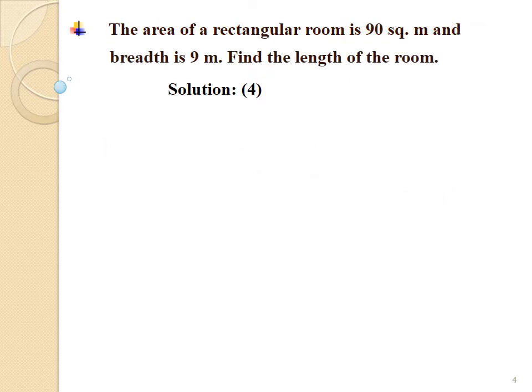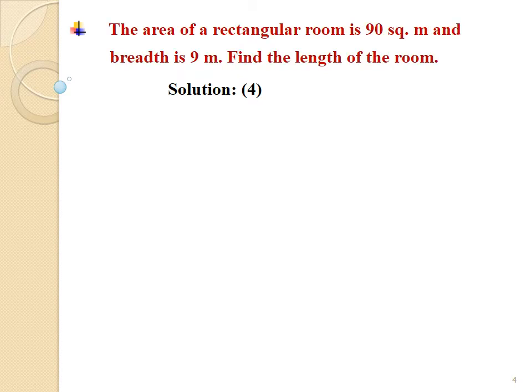Now, question number 4. The area of a rectangular room is 90 square meters and breadth is 9 meters. Find the length of the room.